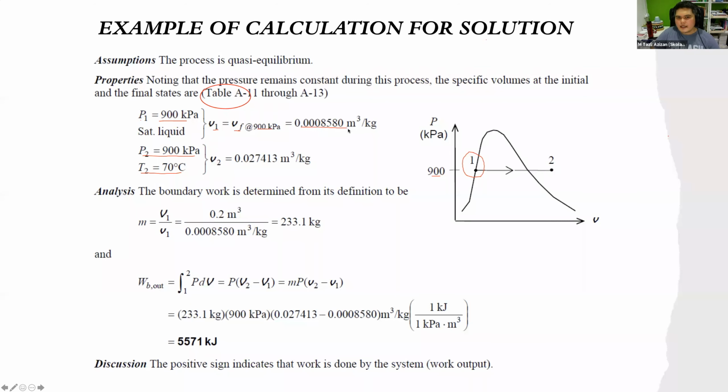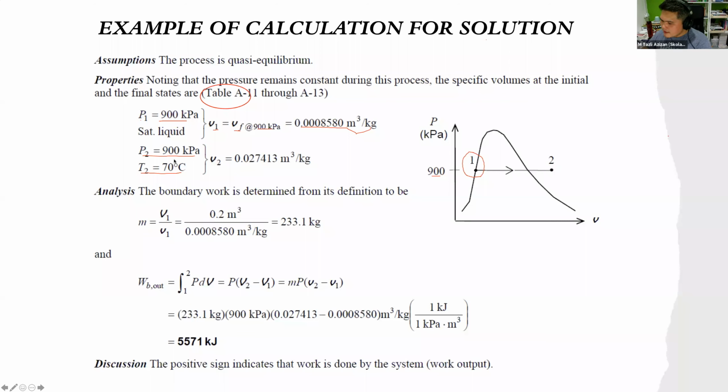If you refer to table A11, saturated refrigerant temperature table, it's supposed to be table A12. Okay, table A12. Then you look at the pressure is 0.9, which is 900 kilopascal. You'll be able to get this particular value 0.008580.